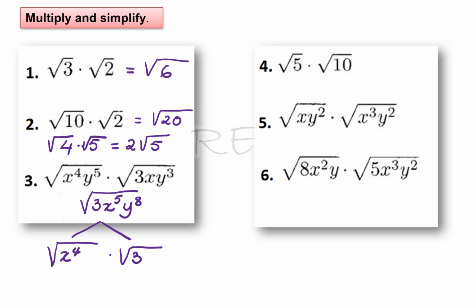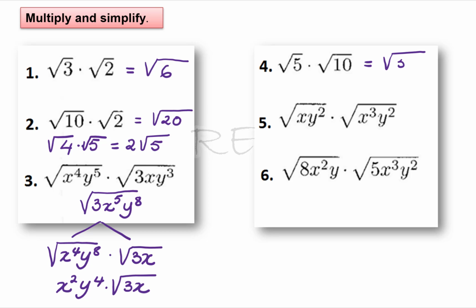X to the 5th is x to the 4th, perfect, times x, and y to the 8th is a perfect square. The square root of x to the 4th y to the 8th is x squared y to the 4th, and we multiply it by the square root of 3x.